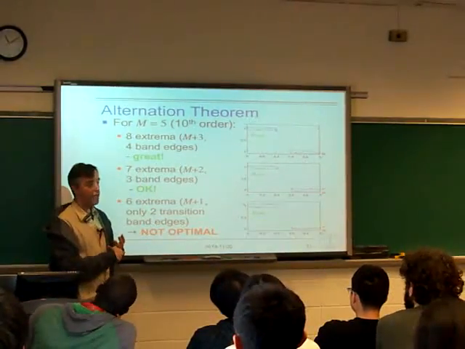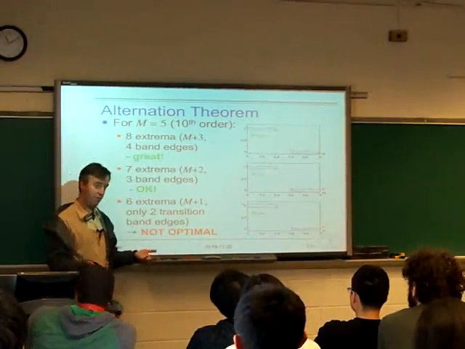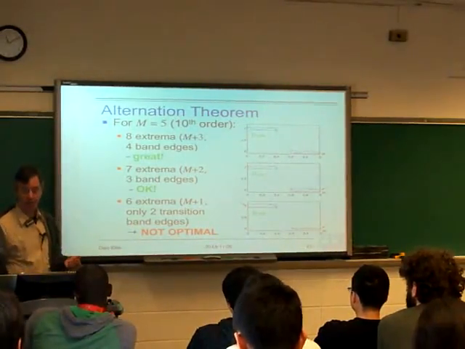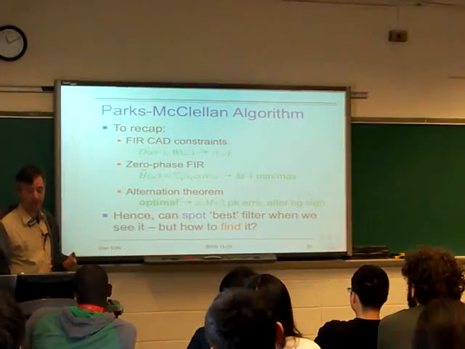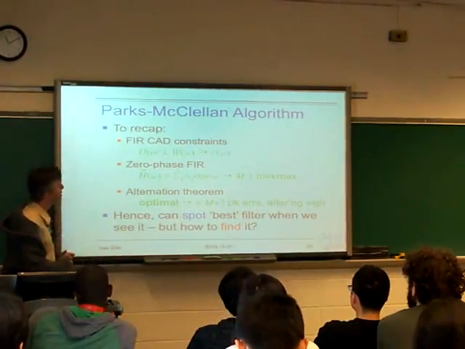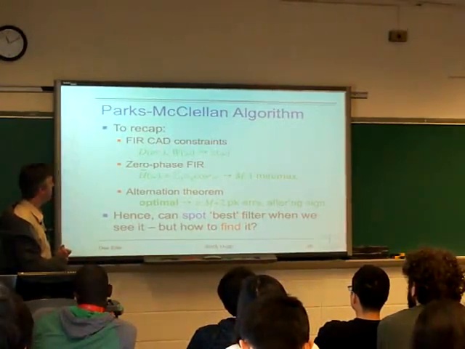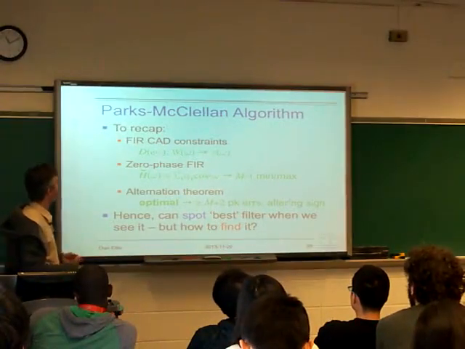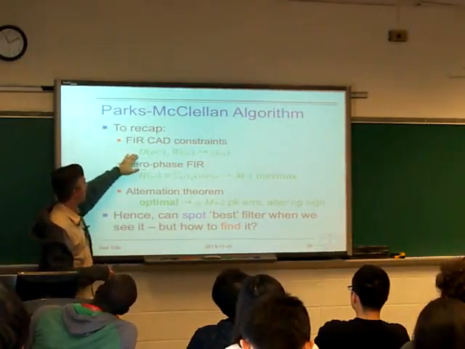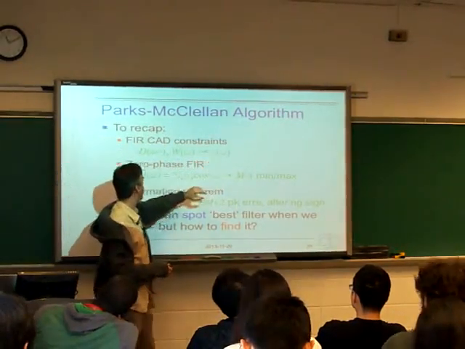And so the way we could do that is by taking some generic optimization algorithm and trying to plug it in. But there's a very simple special case optimization algorithm that works for this particular condition. So this is just a recap. We have the constraints, the desired filter, the weighting, which gives us our error function.